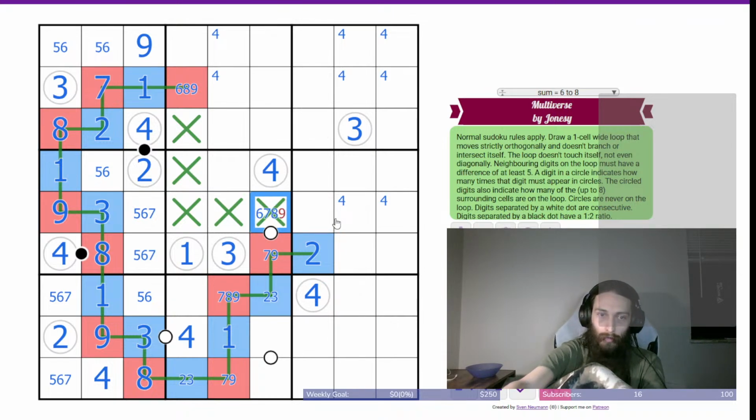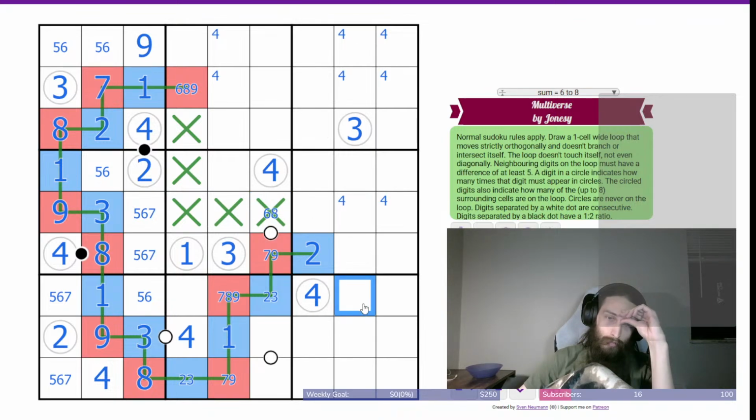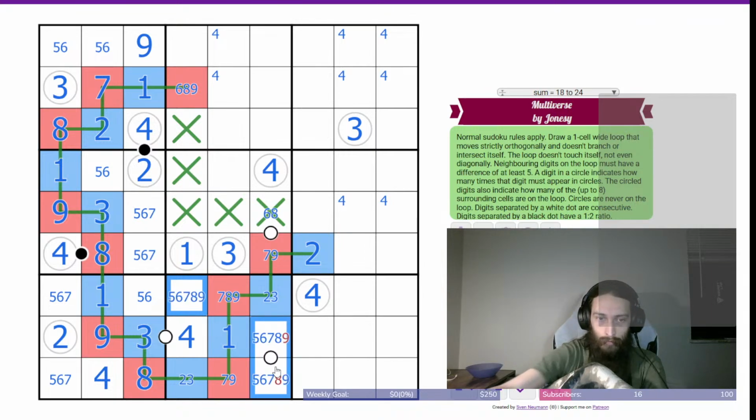Then this is 6 and 8, 9, not a 9. Actually, it can't be a 7, because that's odd, so that must be even. 9, 8.